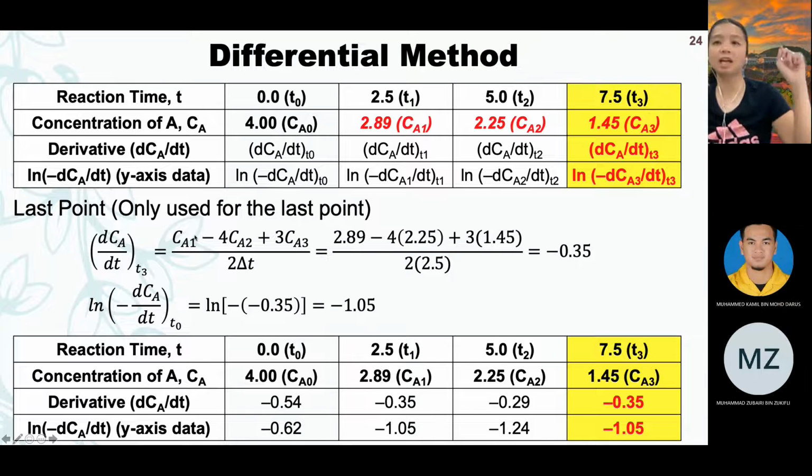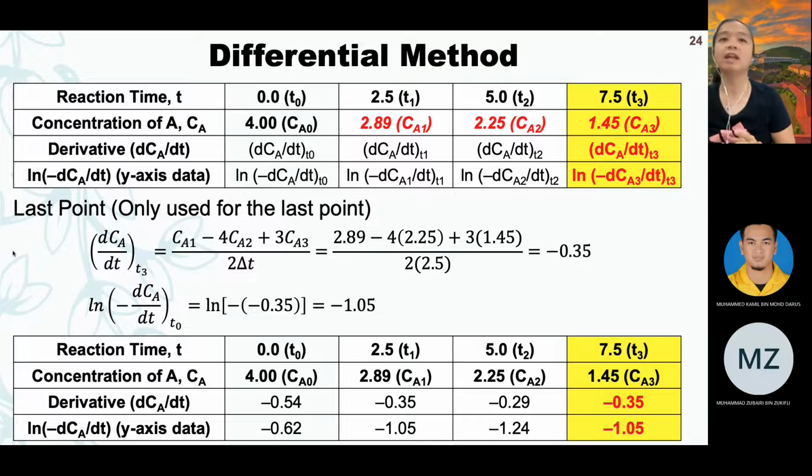So sekuen dia mesti 1 darab minus 4 kali CA2 plus 3 kali. Yang nombor tu adalah formula dia. So kita ikut, yang penting sequence concentration tu kita kena buat sequence yang betul and divided by 2 delta T. So again the delta T is 2.5. So you get your dCA per dt as negative 0.35 and your ln minus dCA per dt as negative 1.05.